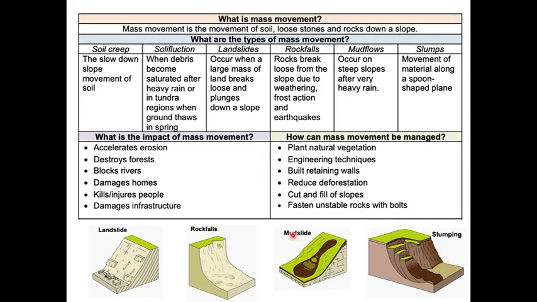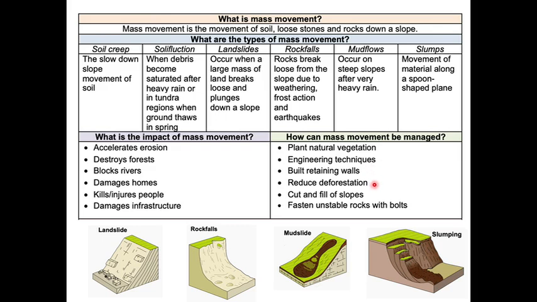Then, how can mass movement be managed? See again, a question that geographers ask. Firstly, plant natural vegetation. And if you plant natural vegetation, it will prevent the soil from moving. Engineering techniques, building retaining walls. Just hang on with this, I'm coming back to this again.